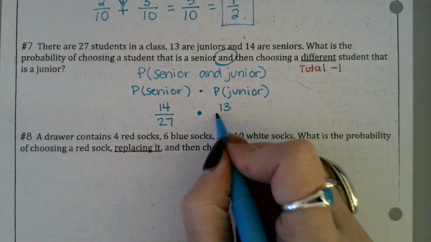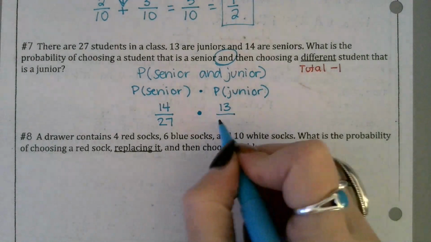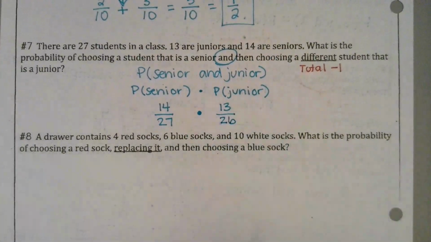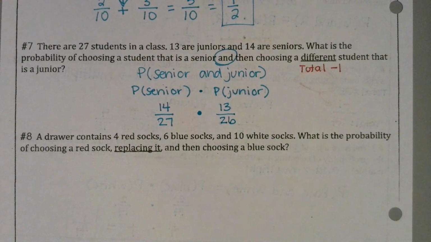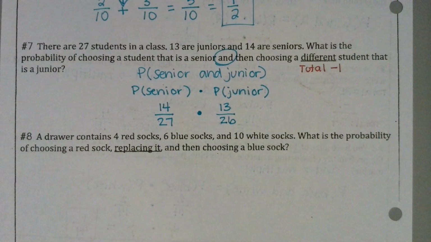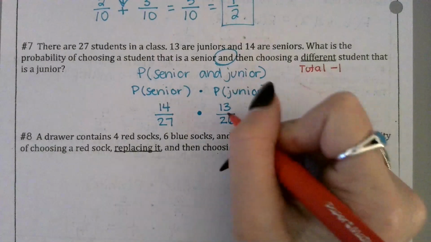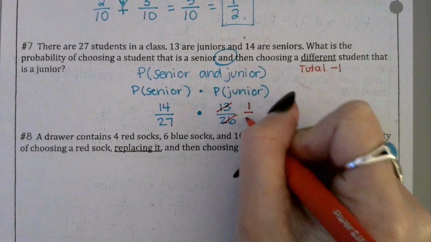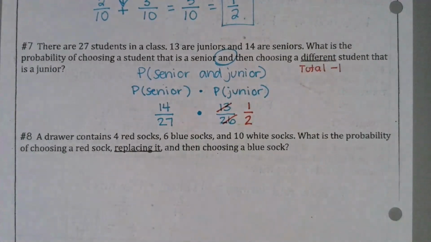So it's 13 over what? 26. 13 over 26. Hold on, 13 over 26. Oh, that's 1/2. I'm going to change that to 1/2 here before I multiply.